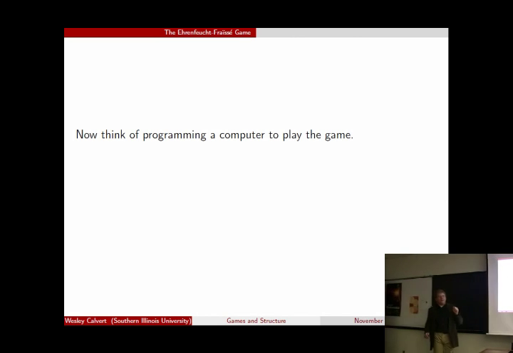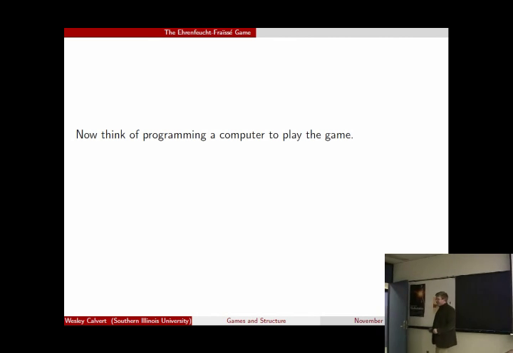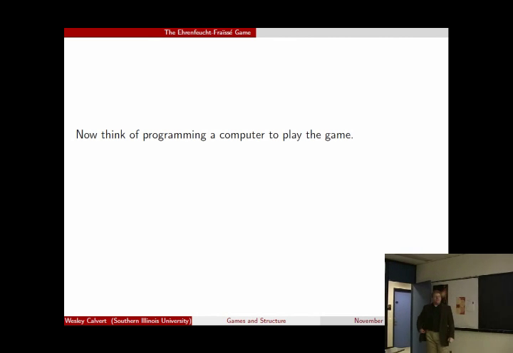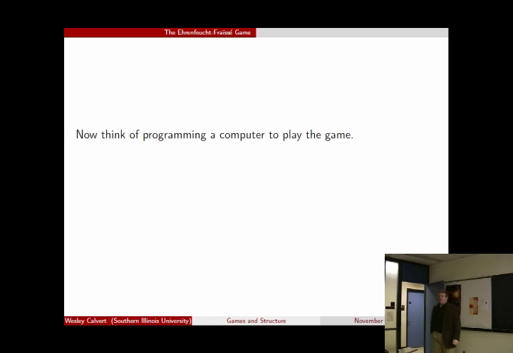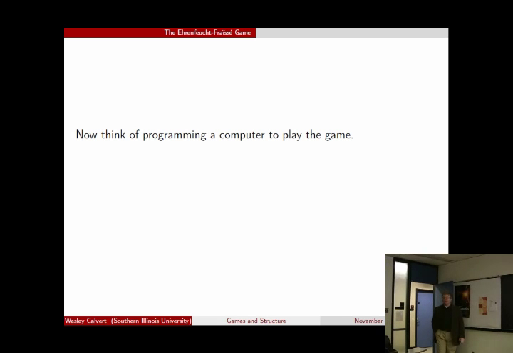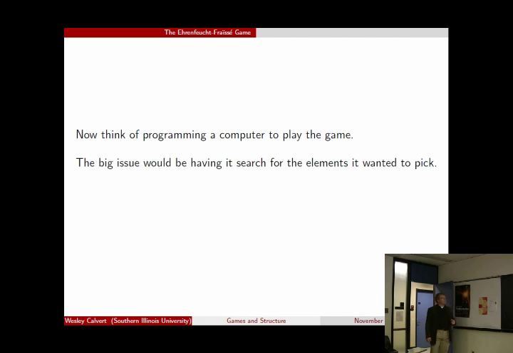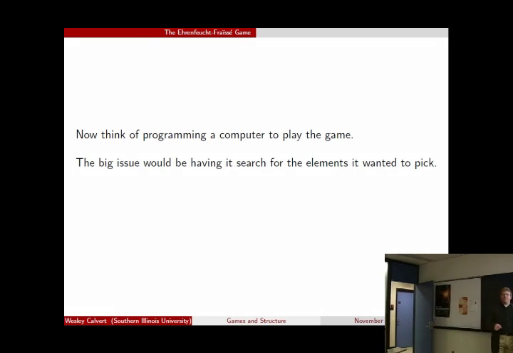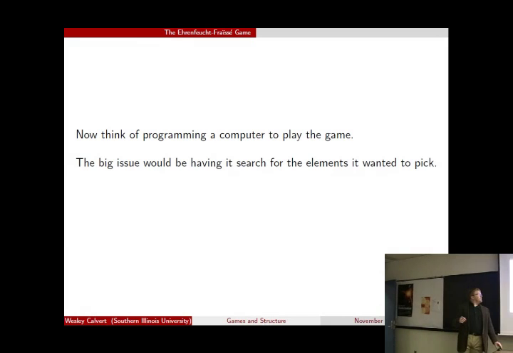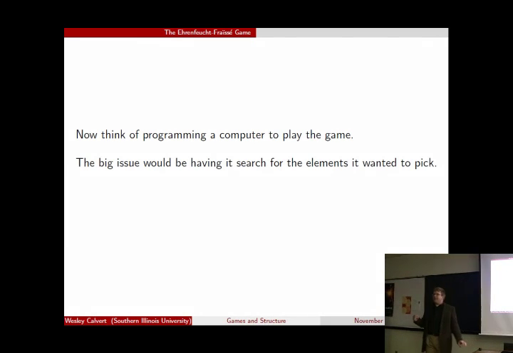Now, since these games can be long, let's program a computer agent to play for you. This computer agent is trying to build something that could potentially be an isomorphism. And the hard thing for the computer would be searching for the elements it wants to pick.